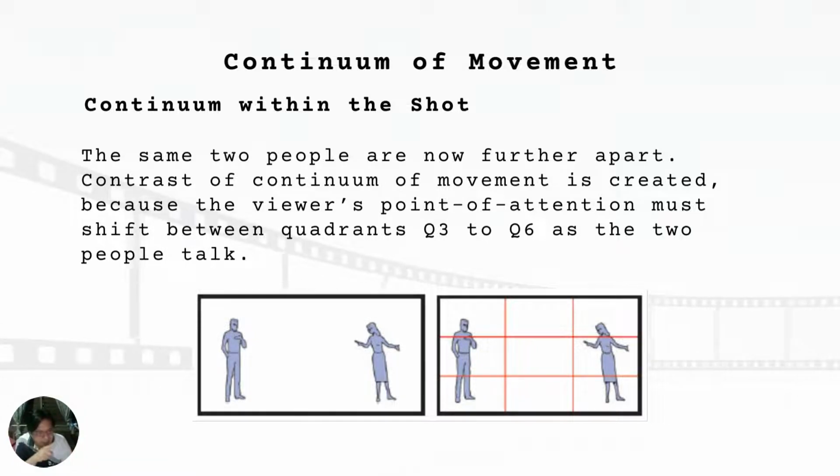You create more distance because the two people are now on a farther quadrant. Then, you create contrast. Okay? This is within the shot. Okay, affinity if the two subjects are closer together, contrast if they're farther apart. Okay?